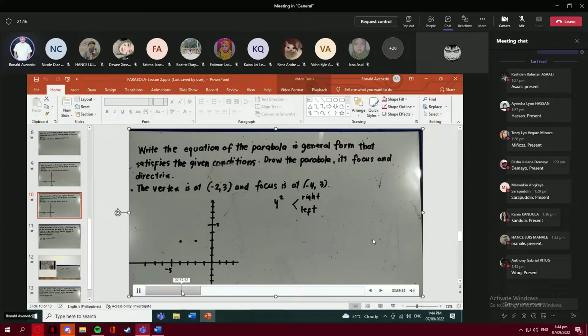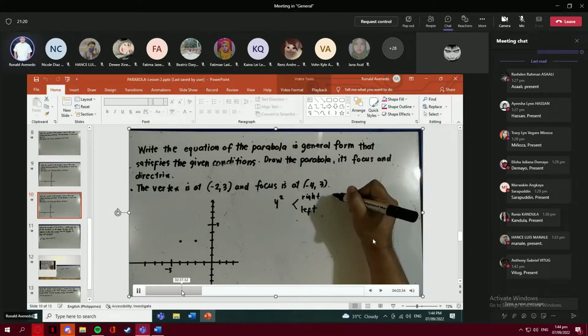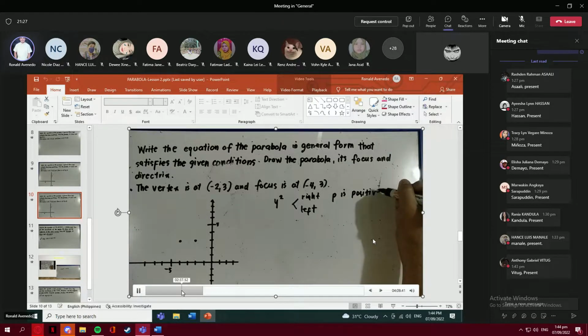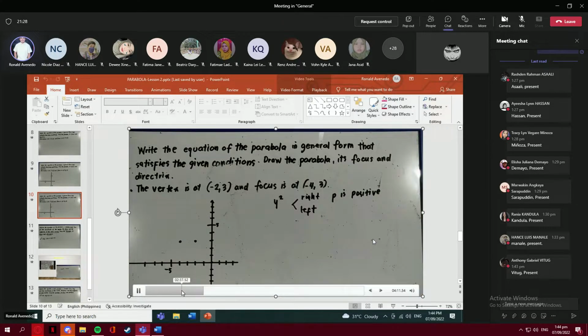So, kailan siya open to the right? If P is positive. Kailan siya open to the left? If P is negative.